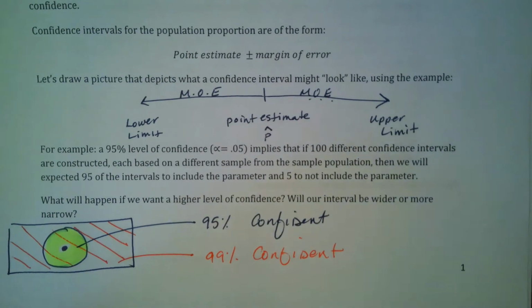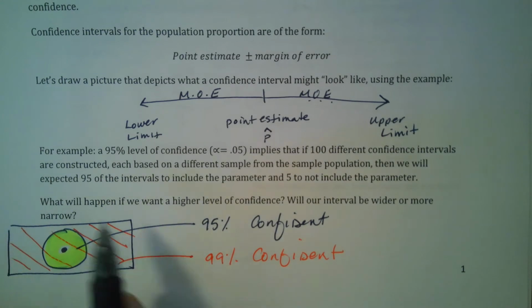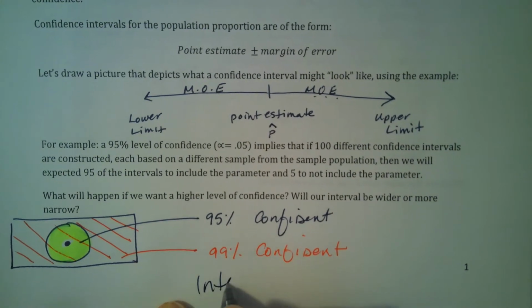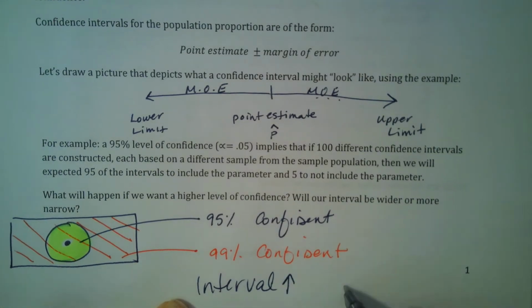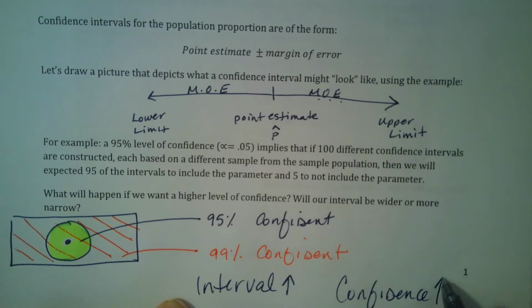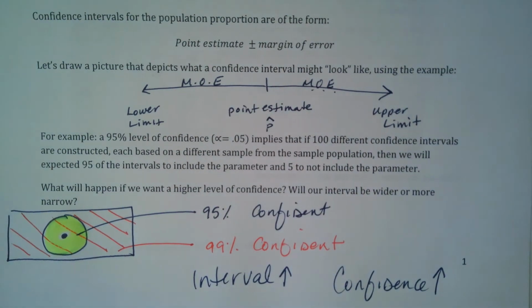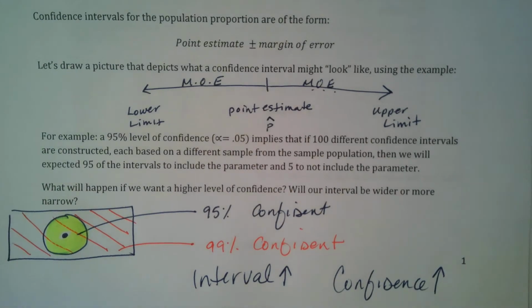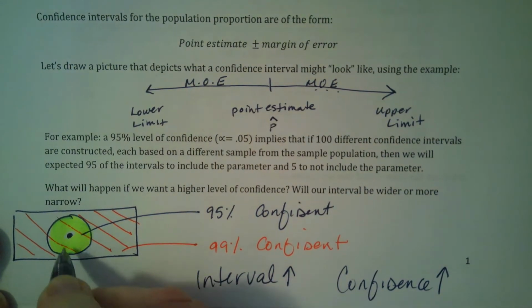So basically, as your interval size or the size of your area increases, your confidence will also increase. So the same would be true for the other direction. If I said, what would be your confidence that you could hit this tiny little bullseye in the middle, right in here?